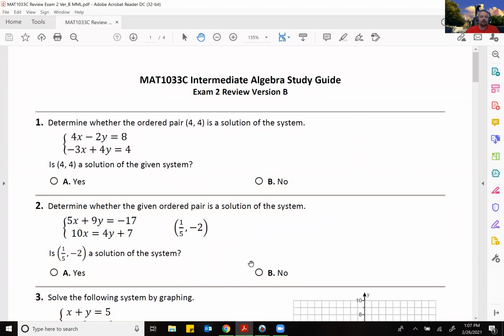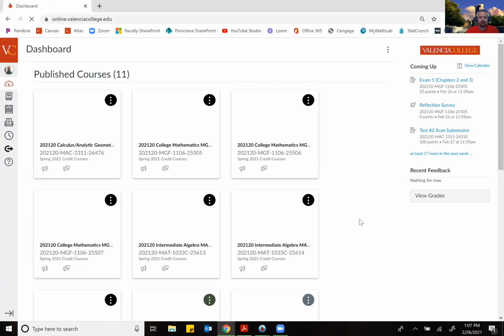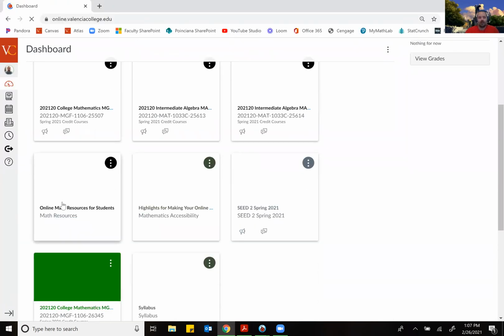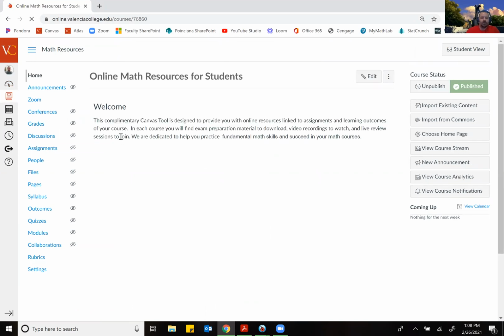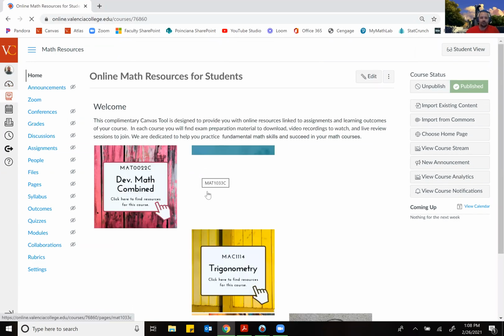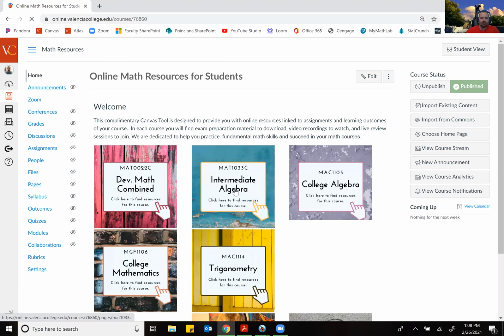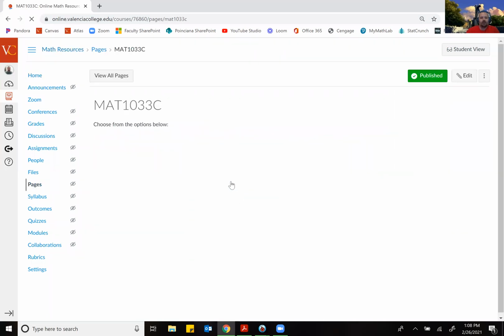If you want to find this, you're just going to go into our course, which is online math resources for students. And from here, you will go into intermediate algebra by clicking on the little dashboard icon right there. And then you will click on test review materials.